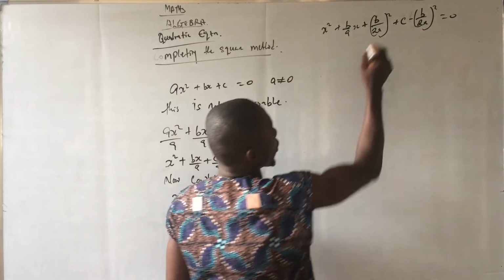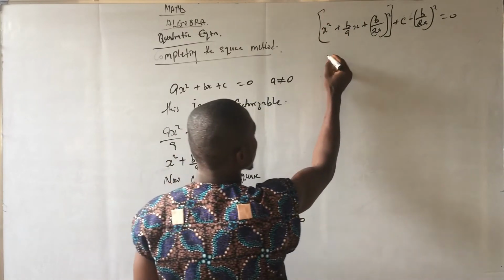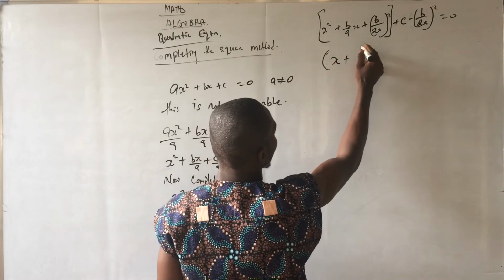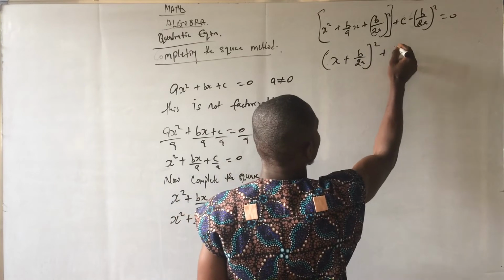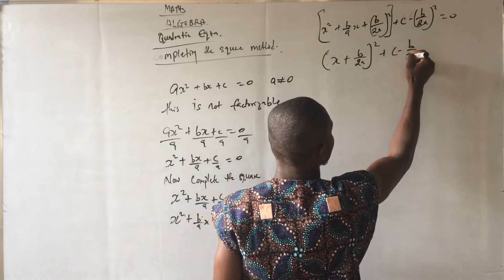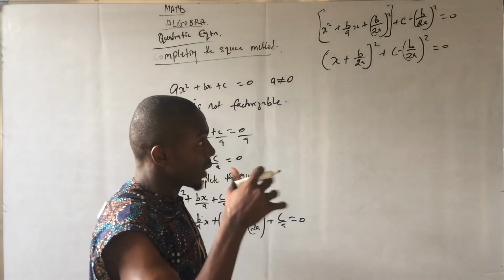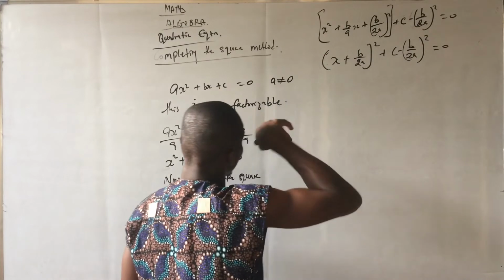Now I want you to look from here. This actually looks like what we know. It looks like x plus b over 2a raised to the power 2 plus c minus b over 2a raised to the power 2 equal to 0. Are you getting something now? So now we can actually take this one over.